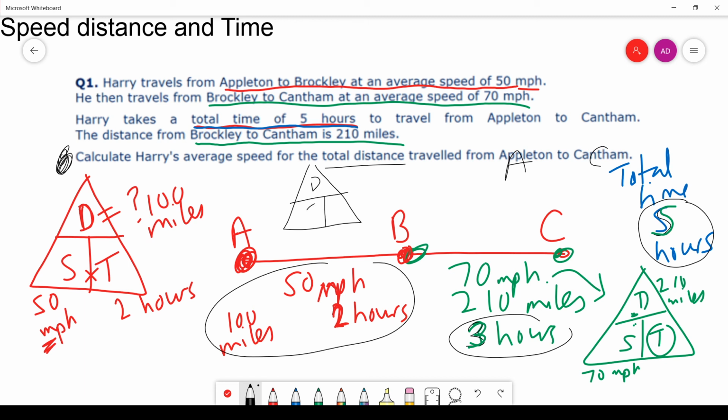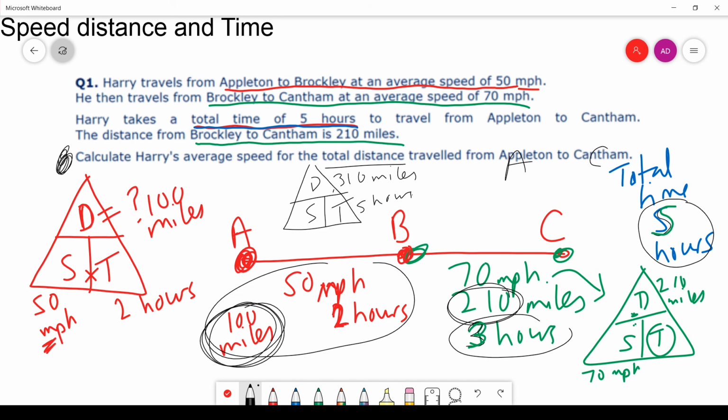So you've got DST. Total distance travelled clearly is 100 plus the 210. Altogether that makes 310. So put that 310 miles over here. Total time taken is 5 hours.